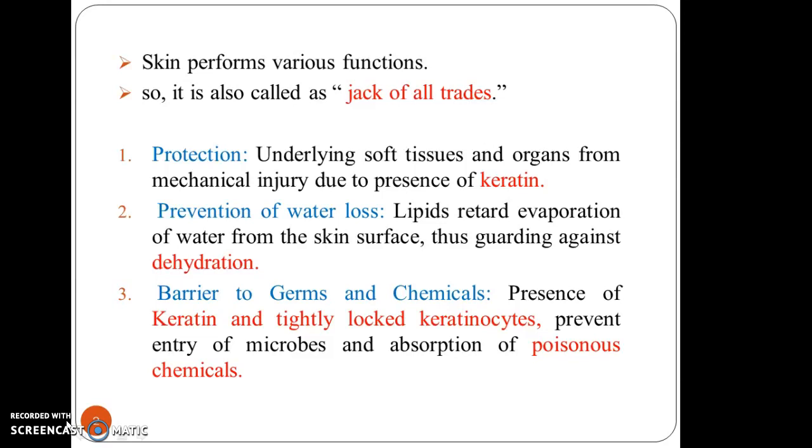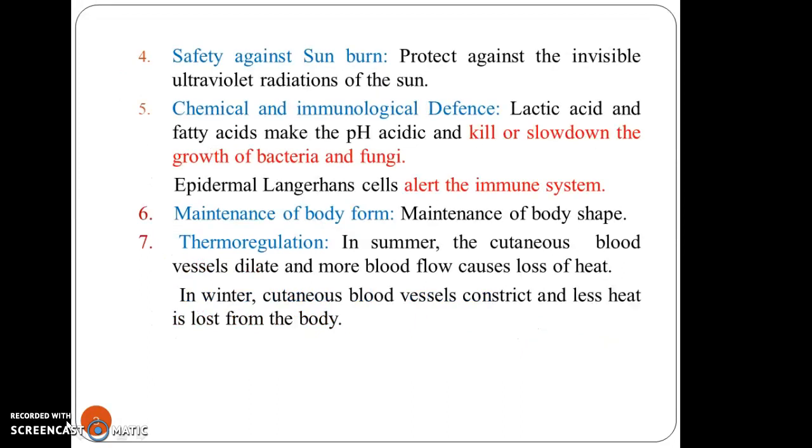The presence of keratin and tightly locked keratinocytes prevents the entry of microbes and absorption of poisonous chemicals. Various harmful bacteria and fungi could affect the internal organs of the body, but the presence of skin prevents harmful entry of microbes into the body.